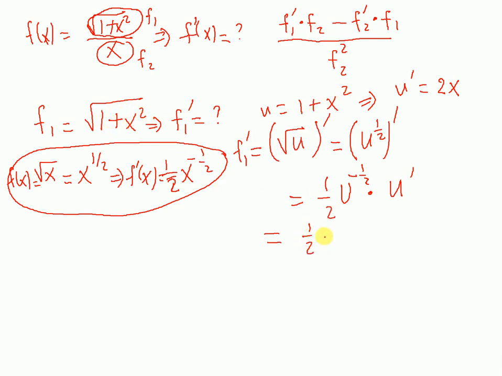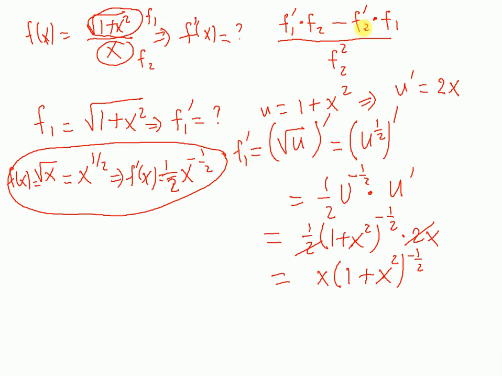So I can write that back. 1 plus x squared, that's for u, and to the minus 1/2. u prime is what? It's 2x. Now I can cancel the 2. I have just x multiplied by 1 plus x squared to the minus 1/2. Right? That's pretty easy. So we got f1 prime.